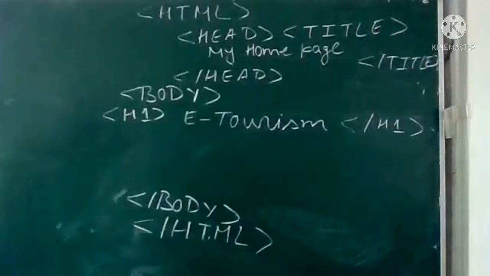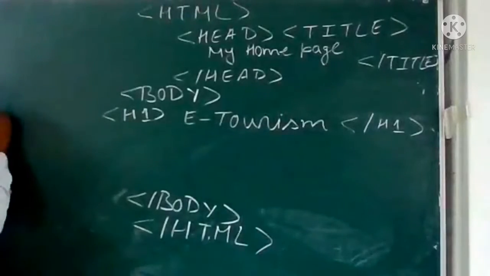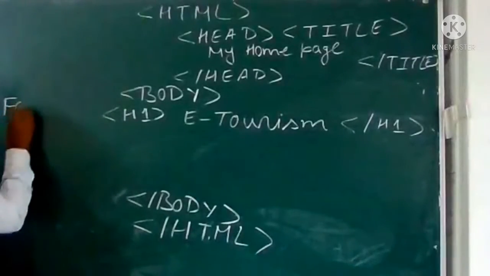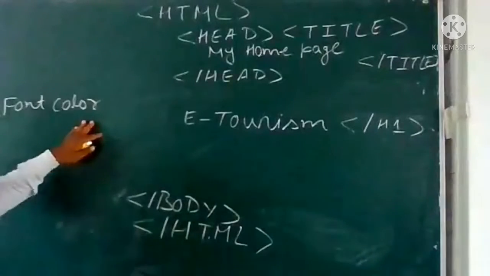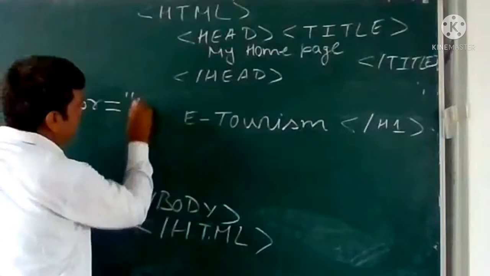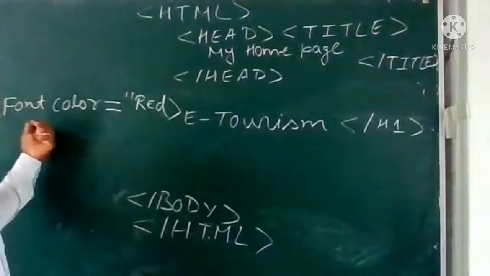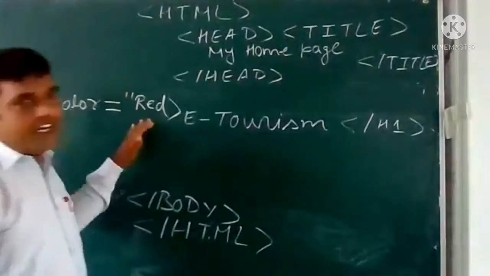So font, what you write: color equals to. Here color is the attribute. And after the attribute we write equals to, double quotation marks, and we write its value, red. Then close the angle bracket. So this font tag will make the text e-tourism in red color.